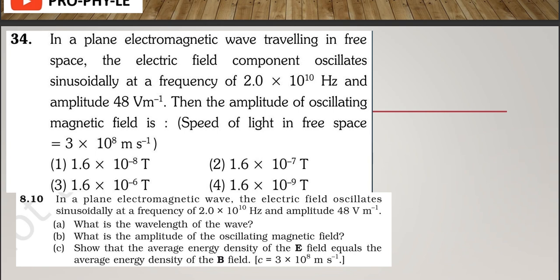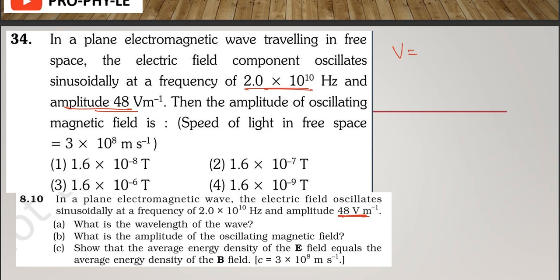So now just look at this. A plane electromagnetic wave is traveling in space, the electric field component frequency is given and amplitude is given. Amplitude of the oscillating magnetic field is? Almost a direct question in NCERT with the same values also. Here they just asked for the magnetic field.